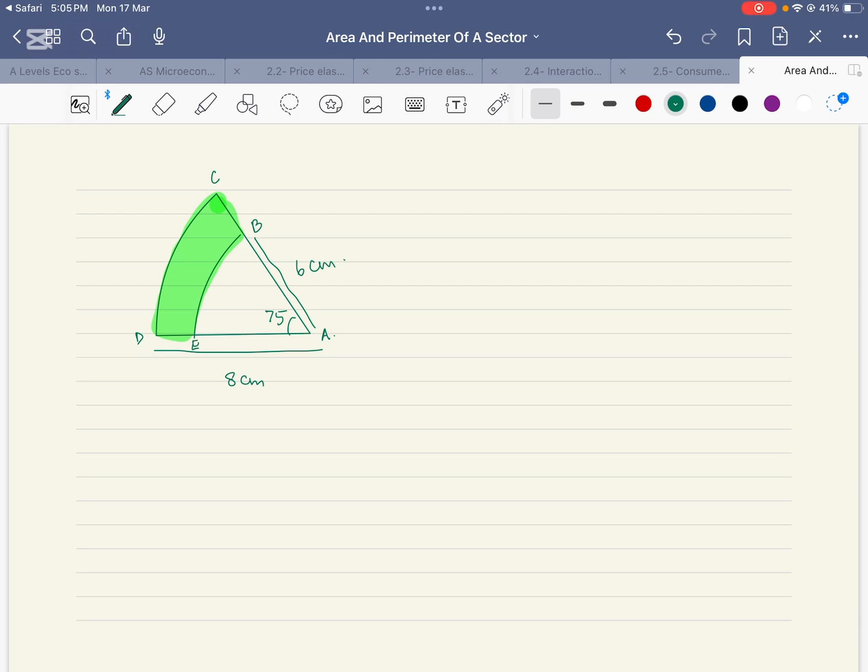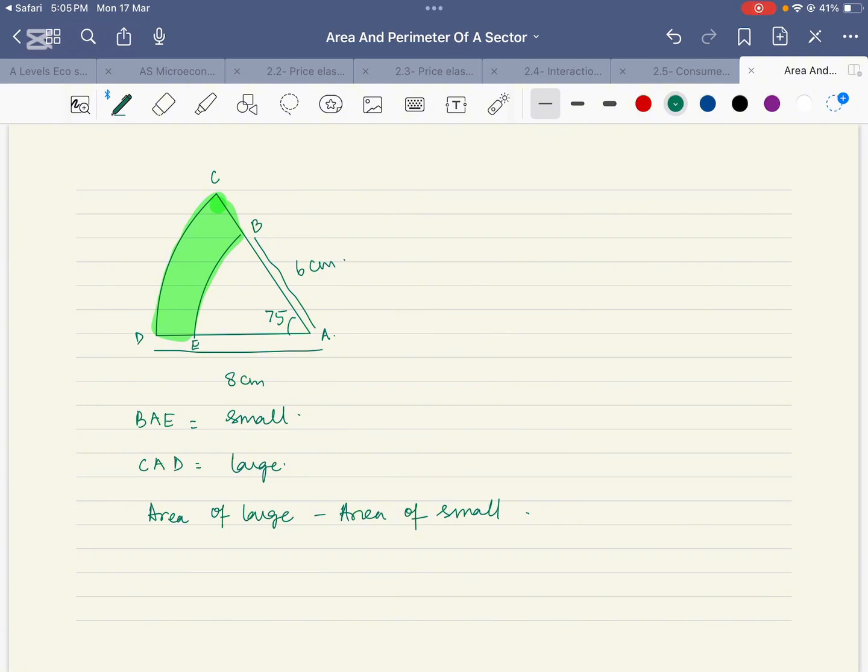So we have two sectors. One sector is BAE, which is small, and one sector which is CAD, which is large, right? Sector within the sector. Now what do we do? Area of large minus area of small, and we get the shaded region.